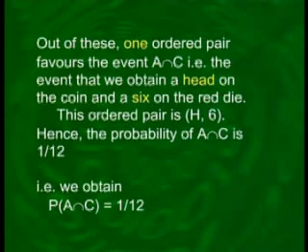Hence, students, the probability of A intersection C is 1 over 12 because we have 1 outcome favoring this particular event out of 12 possible outcomes.